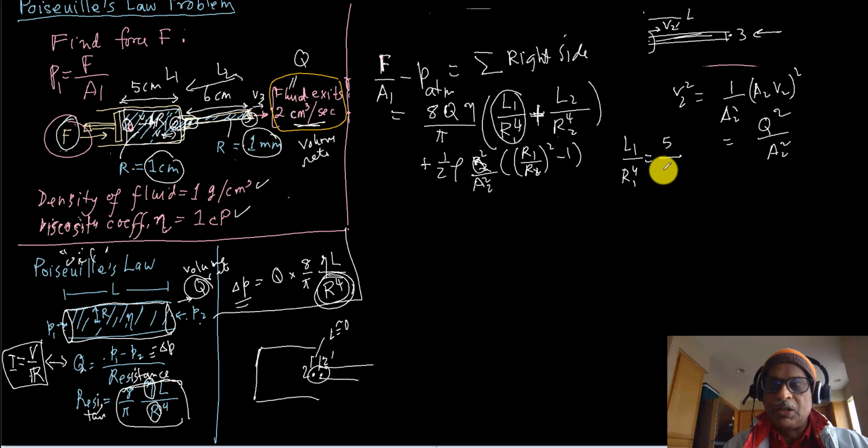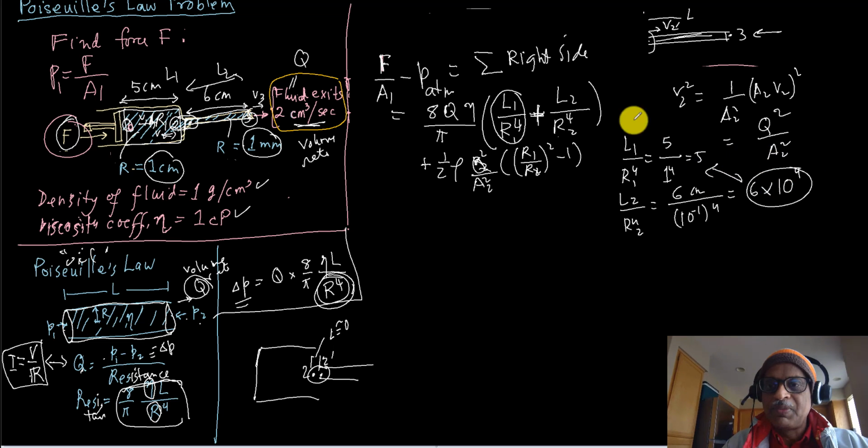R1 is just 1 to the power 4, but L2 over R2 to the power 4 is 6 centimeter over 10 to the power minus 1, to the power 4. So this is 6 times 10 to the power 4, and this is 5. So I can just ignore this one completely, because of such a big difference, and I'm just adding over there.